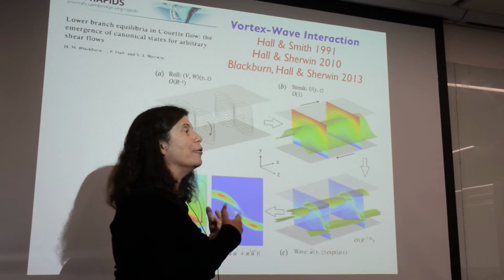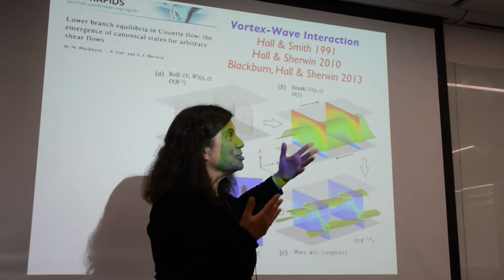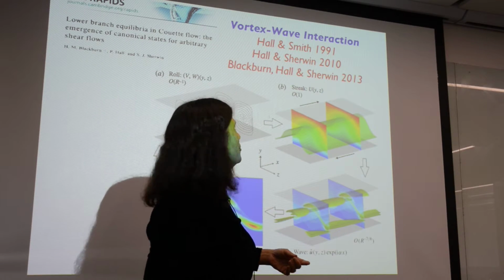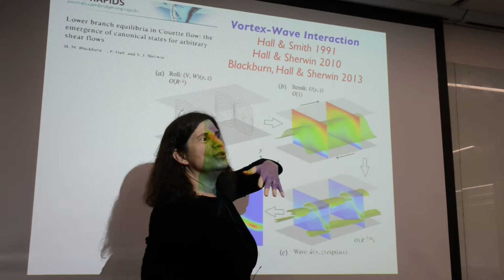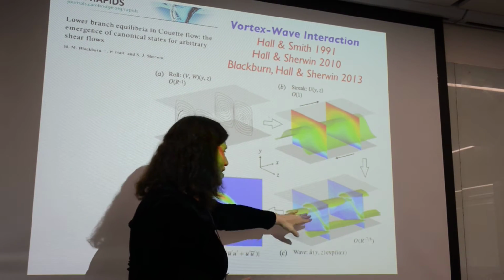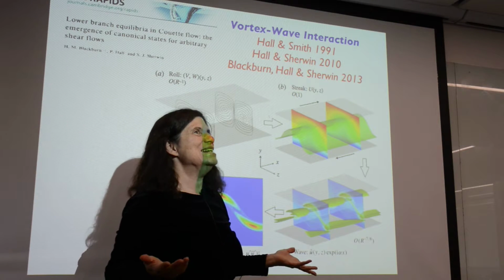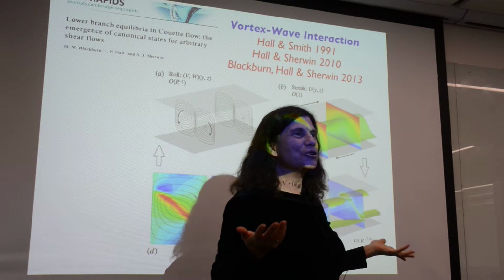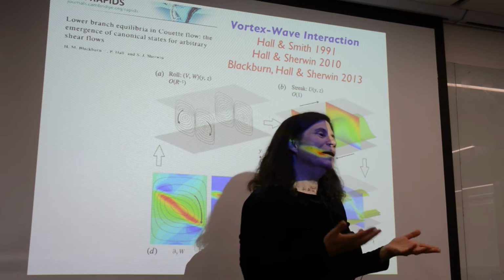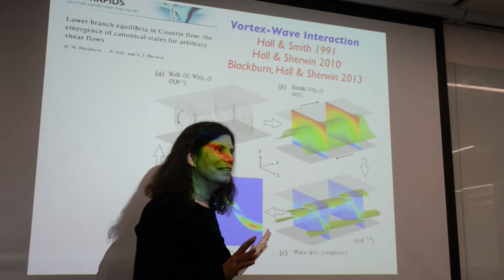And all that was borne out by later, okay, you can imagine in 1991, especially with the people involved, they were not doing numerical computations, but later, in 2010, 2013, they verified that this was the case. Again, the original authors will not say it needed verification, no more than you need to verify that the derivative of sine is cosine, you know that, but for some of us, it was reassuring.